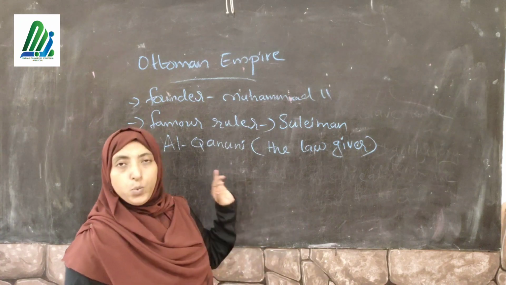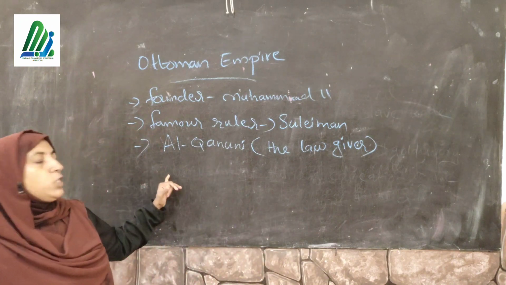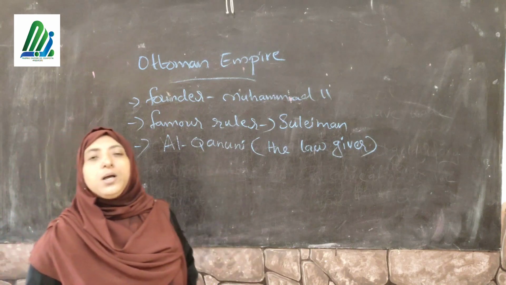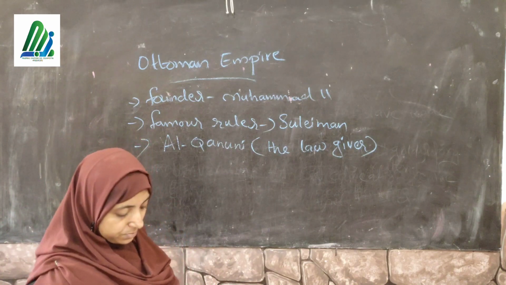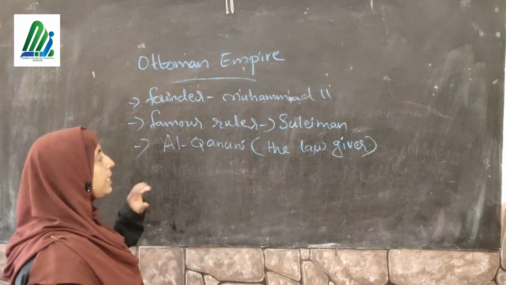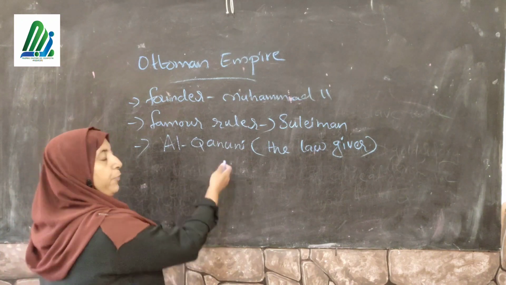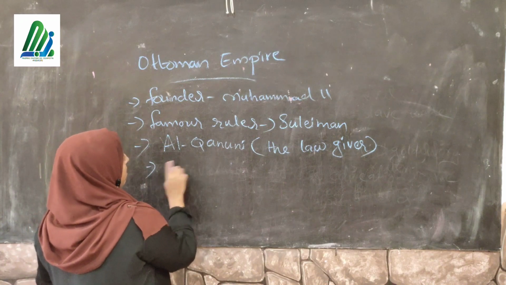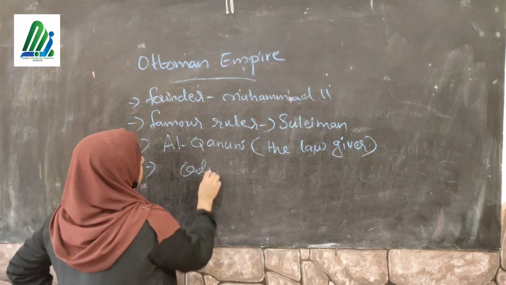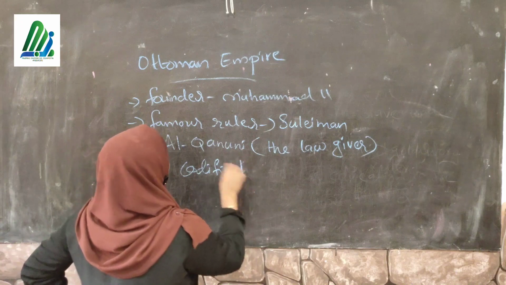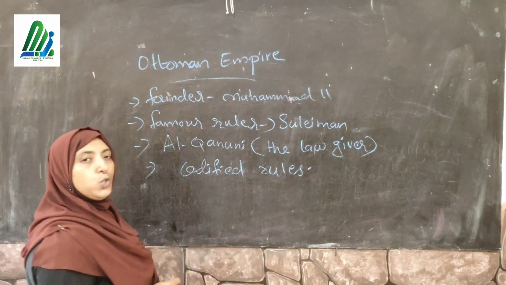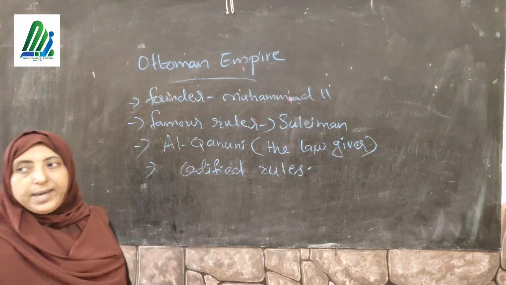The famous ruler was Suleiman. He is also known by another name, Al-Kanuni, meaning the lawgiver. Then what are the important points you have to keep in mind about Al-Kanuni? He codified Ottoman rules. He codified the rules of the Ottoman Empire.